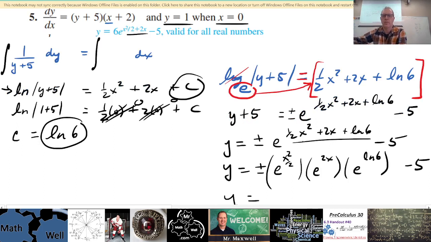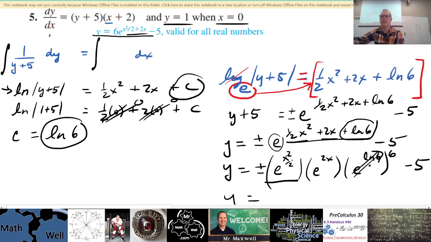All right, so this answer looks a little different than what we're coming around to. It's because of this right here: when you add ln of 6, e to the power of ln 6. When you have terms added in an exponent, that can be changed into a different form like this. So e to the 1/2 x squared, or x squared over 2, times e to the 2x, times e to the ln 6. That last part actually equals 6.